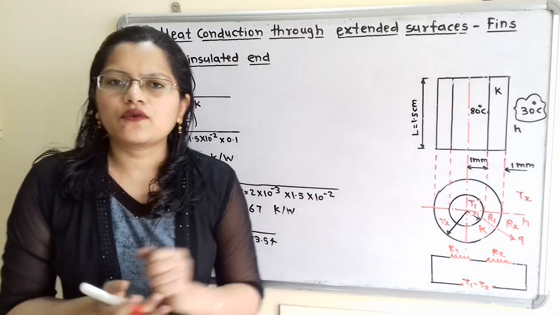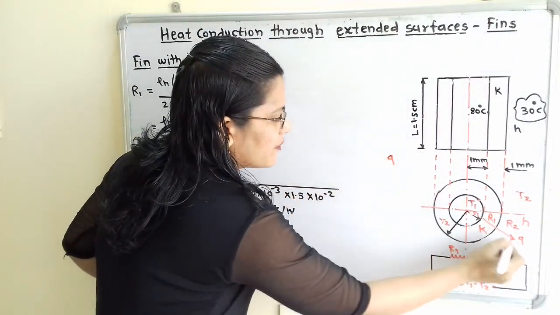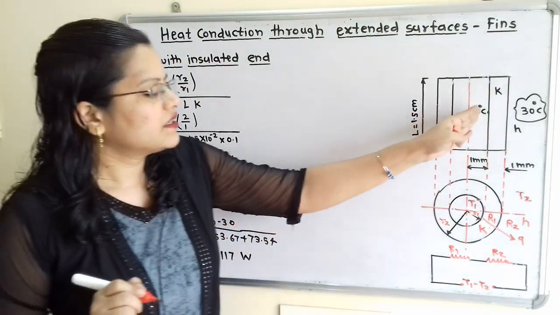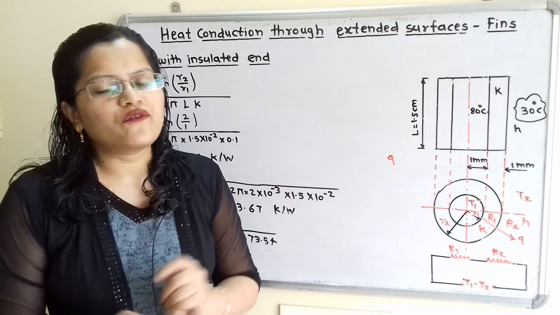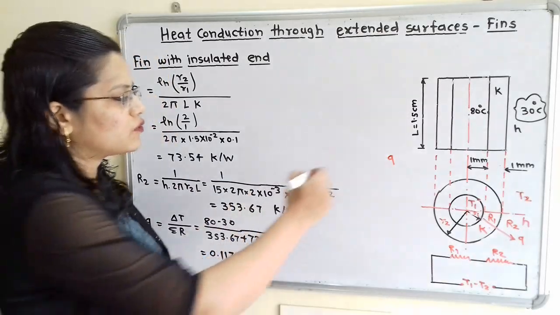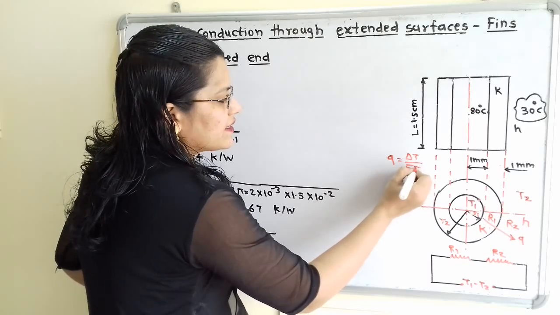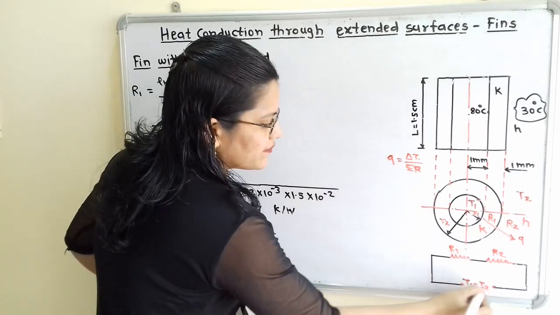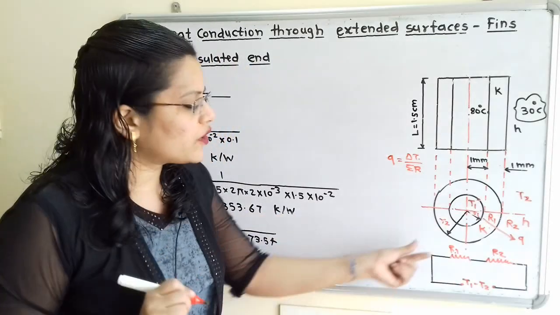Now we will find the value of Q, the amount of heat transferred from this transistor surface towards the surrounding. We have the formula Q equals delta T by summation of R, where delta T is the temperature difference T1 minus T2, and summation of R is R1 plus R2.